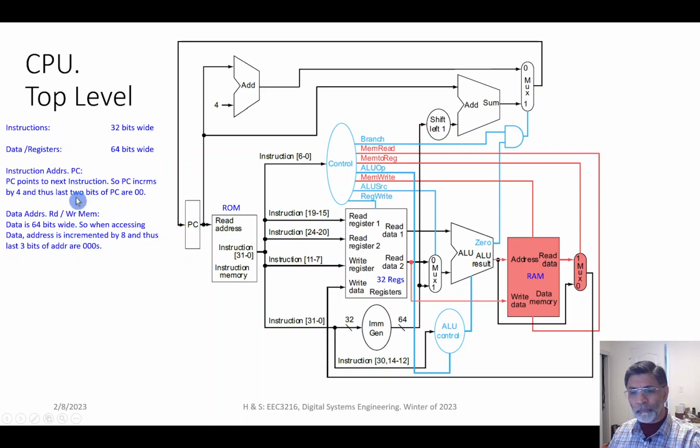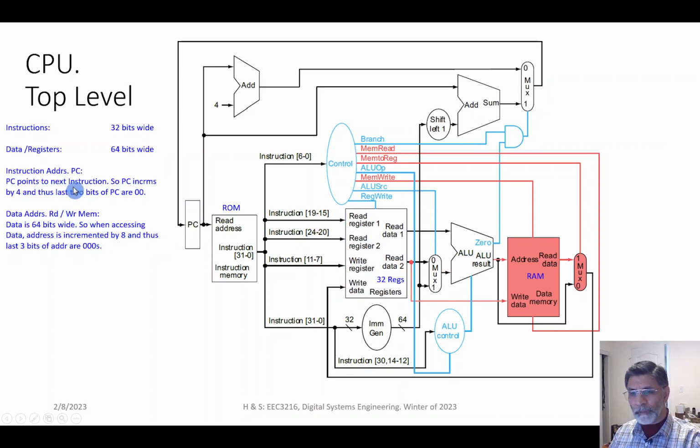That's why when we are updating the PC, which is pointing to the next instruction, we always increment it by 4, as you can see here. But when we are on the data side of the memory, when we want to read data from the memory or write data to the memory, then the address, which is here, is 64 bits wide, and the address is incremented by 8.